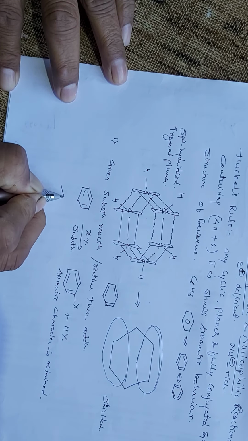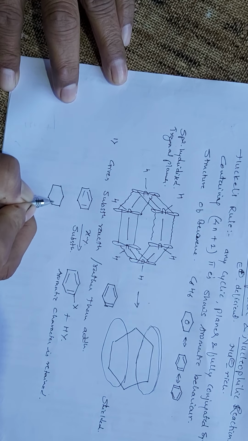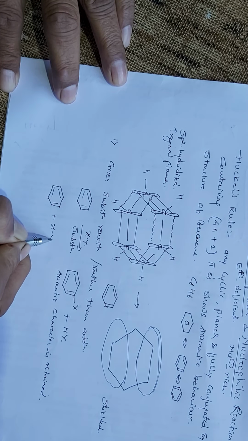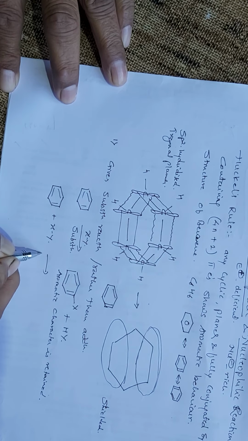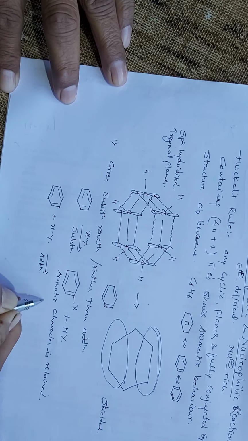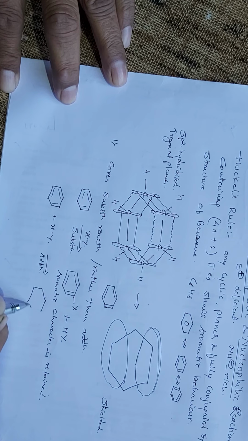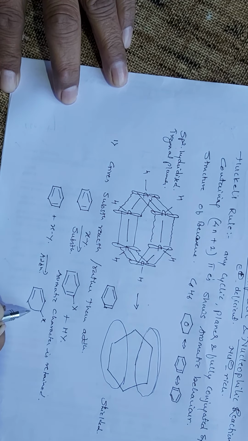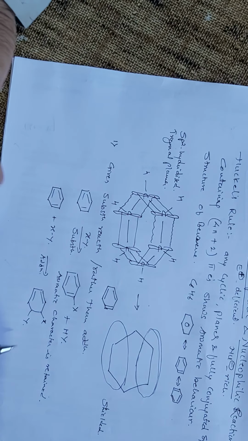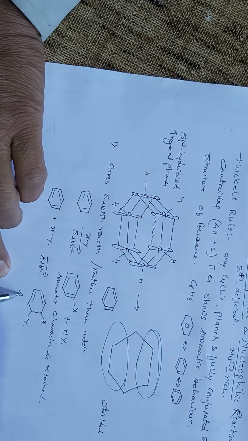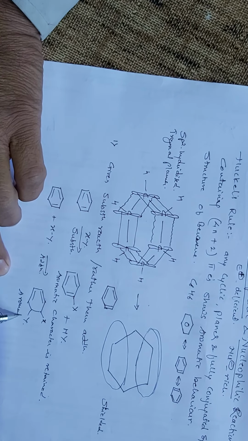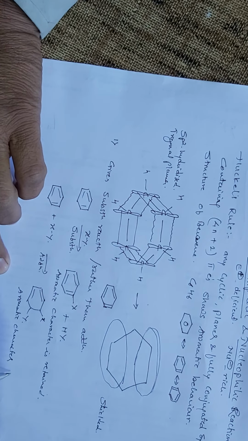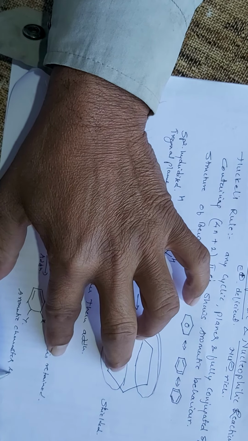But if benzene gives an addition reaction, what will happen? Here the double bond will be converted into a single bond, and you will get a product where aromatic character is lost.